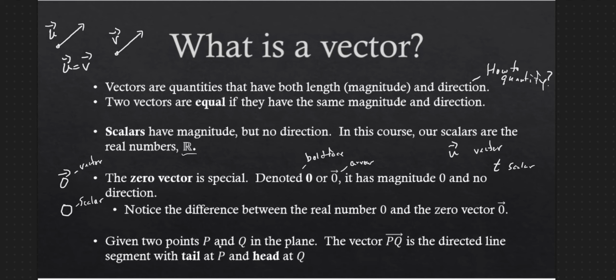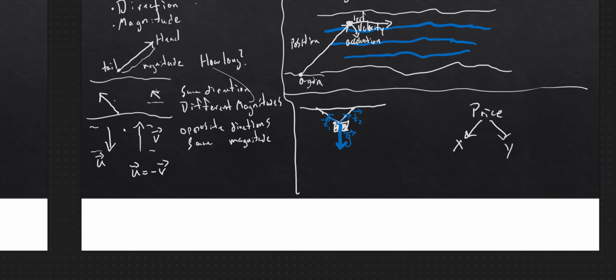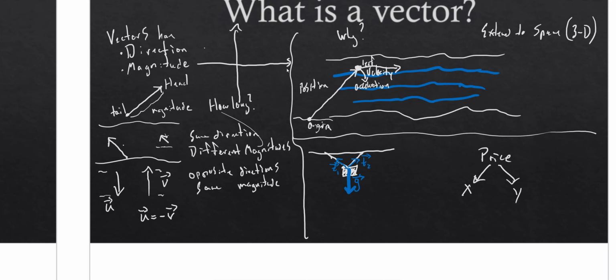Another thing here is when we start putting these things in the plane, and this is sort of our first hint on that. In the Cartesian plane, we can plot points in the plane, and then I can draw a vector from one to the other. As I mentioned up here, this terminology of tail and head. Let me draw a quick Cartesian plane here. So here's my x-axis, y-axis, and maybe P is here, and maybe, I don't know, let's put Q down here.